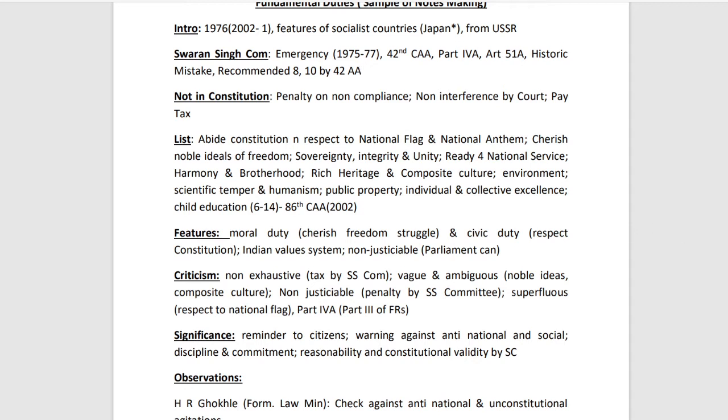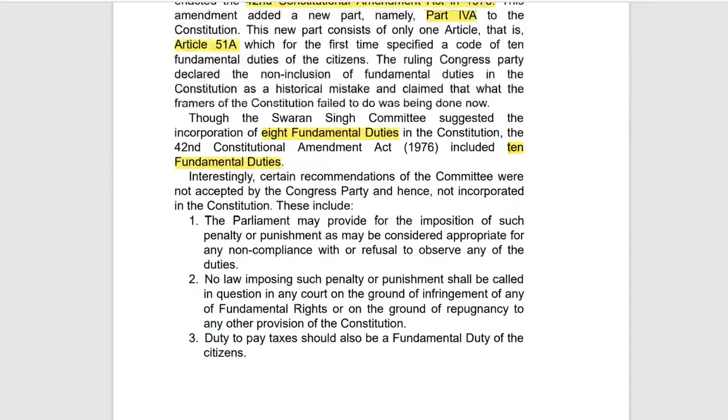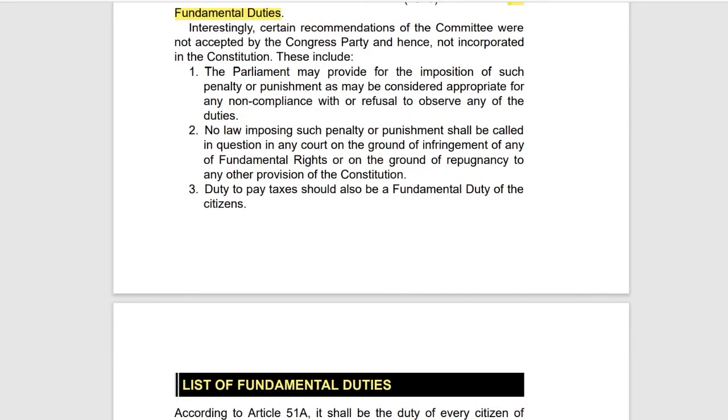All right, now let us go back here again. Now see what is written here. Interestingly, certain recommendations of the committee were not accepted by the Congress party and hence not incorporated in the Constitution. These include: Parliament may provide for imposition of such penalty or punishment as may be considered appropriate for any non-compliance with or refusal to observe any of the duties.